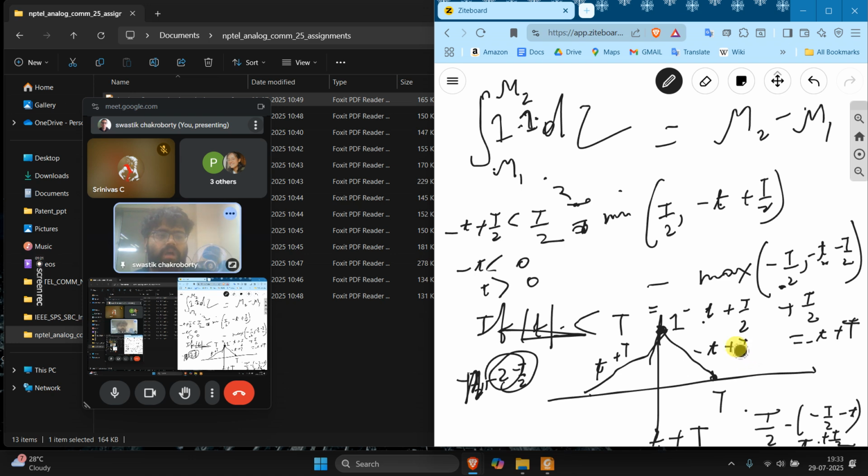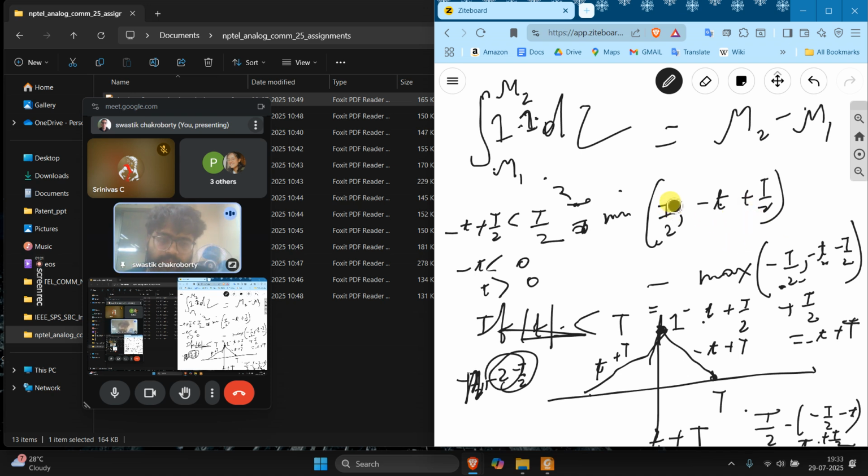Now, if none of them get chosen, like this one gets chosen and this one gets chosen, that is not possible. You can see there will be no overlap. So these two won't get chosen. Similarly, these two won't get chosen, right? Because that will give you just capital T constant, and that will not happen.